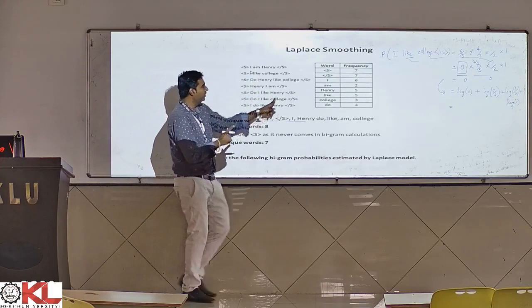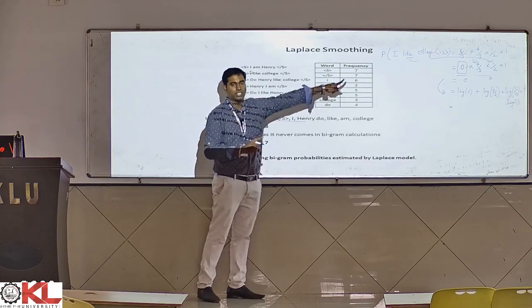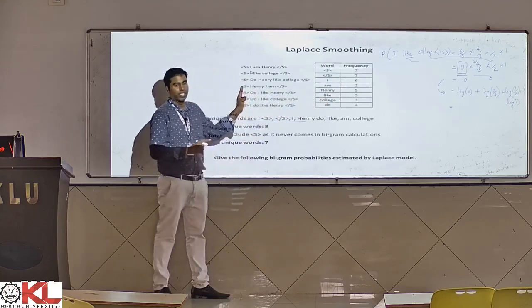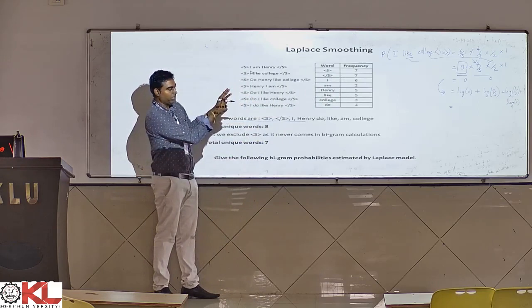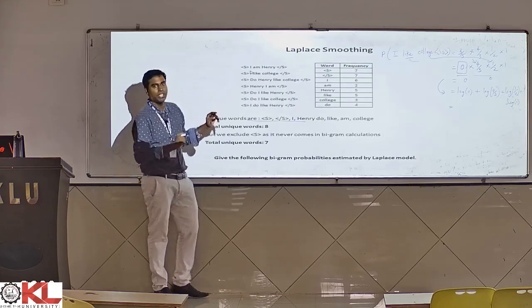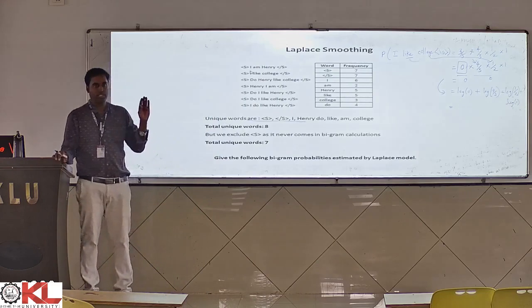From that corpus, I have written the individual words and their corresponding frequency of occurrence. This we have already discussed. Now, the main problem is the 0 occurrence. So how can I overcome the 0 occurrence problem using Laplace smoothing?